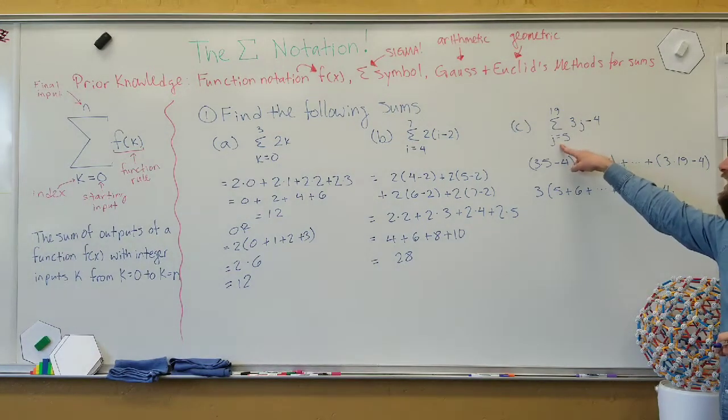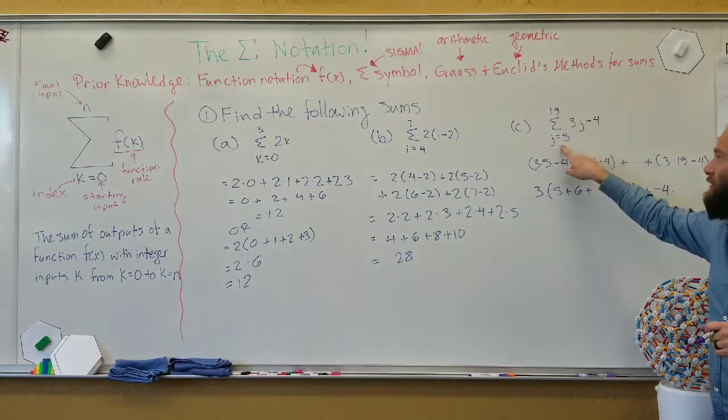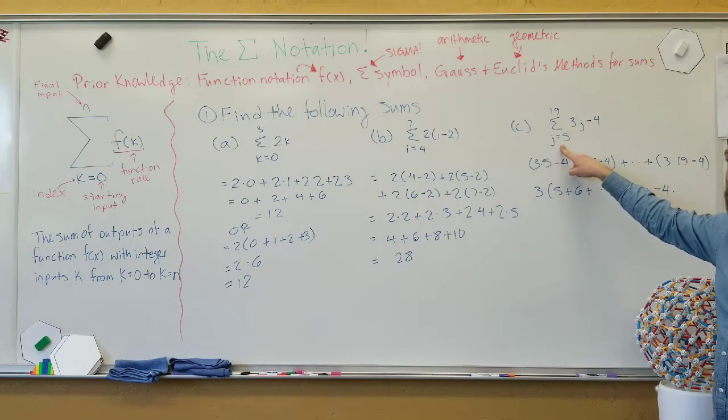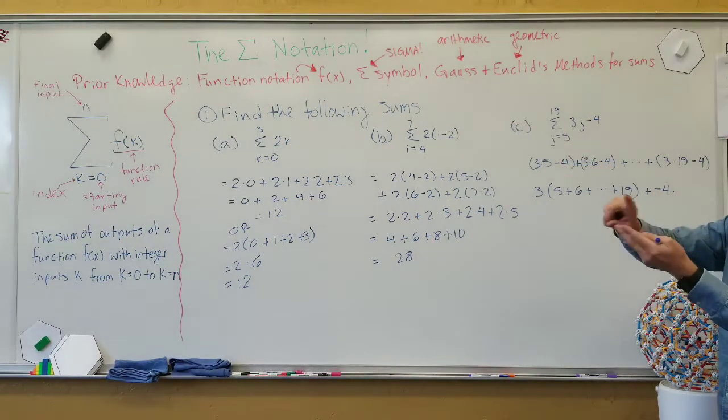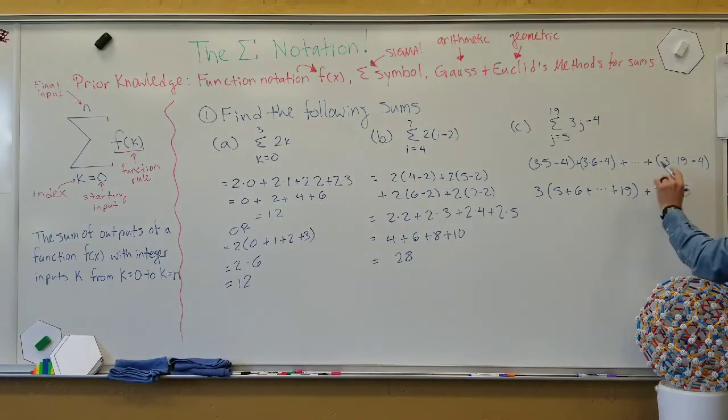And earlier we talked about one more than the difference, right? So 19 minus 5 is 14, but it's always one more than that if I start counting 5, 6, 7 all the way up to 19. So there's actually 15 things. So it's actually plus negative 4 times 15, or just minus 4 times 15.